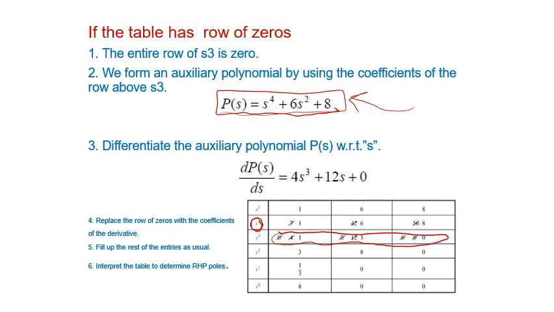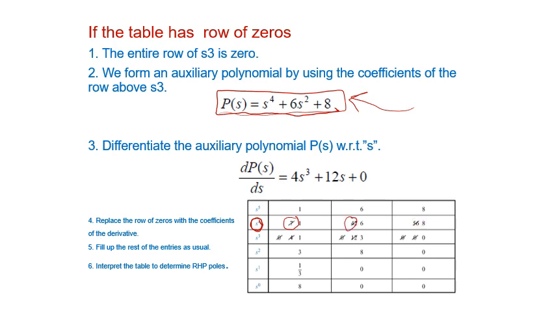Notice that this is 1 for s to the power 4, and this is 6 for s to the power 2, not 3. Keep in mind that this row was originally taken from s to the power 4, s to the power 2, s to the power 0.